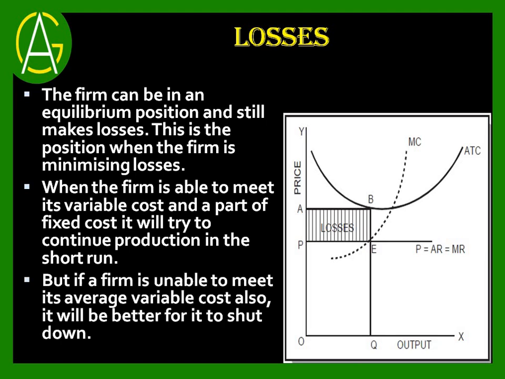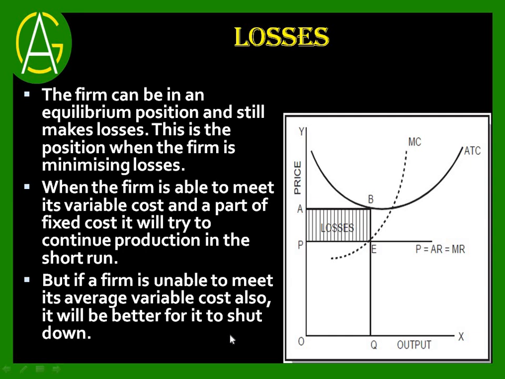But when the firm is unable to meet its variable cost even, it is better to shut down. After that, the firm should not bear the loss. Firm should shut down when firm is not able to cover its variable cost even. So this is the situation of loss.